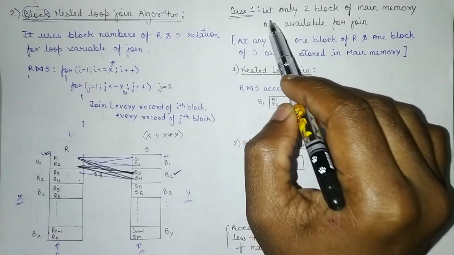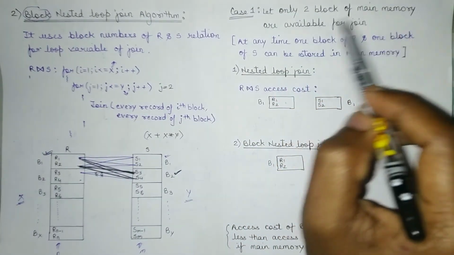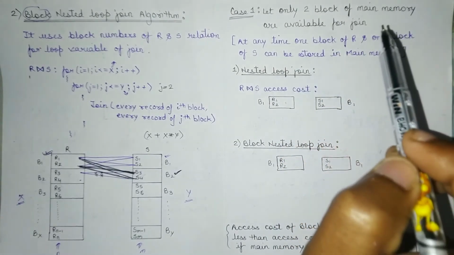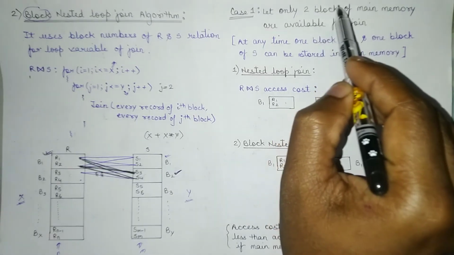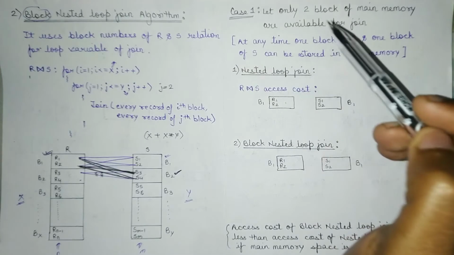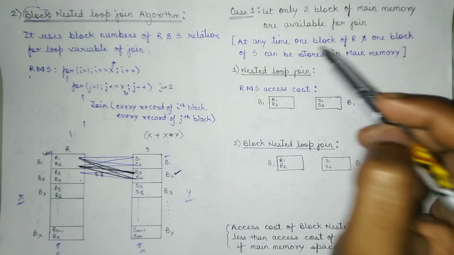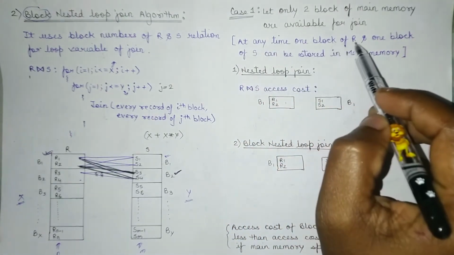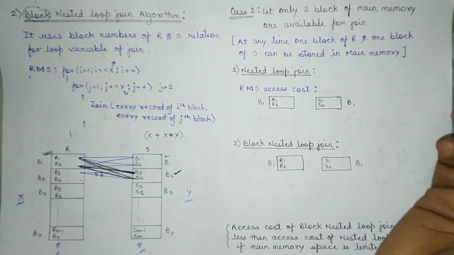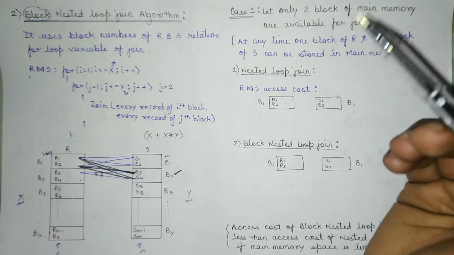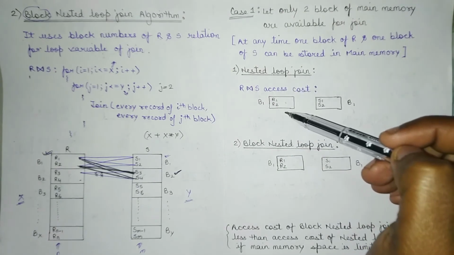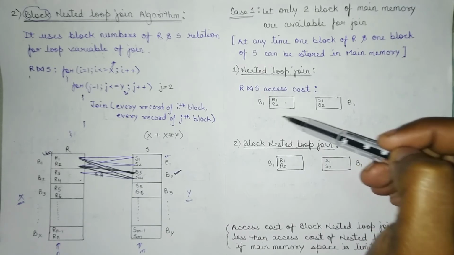In case 1, there are only 2 blocks of main memory available for join. What does it mean? At any respective time you can access only 2 blocks from these relations in the main memory. So at any time 1 block of R and 1 block of S can be stored in the main memory, because if you take both blocks from the relation R, then it is not possible for you to perform the join operation.